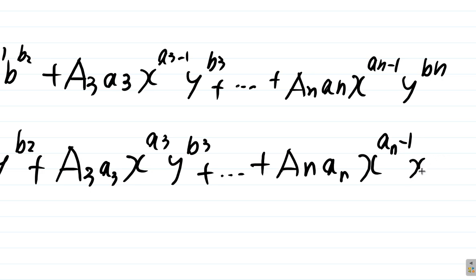When we multiply by the new x, it is x to the 1. We add the powers by the laws of indices, but negative 1 plus 1, that's 0. So that is gone. And then we have y to the bn. You see that? That's what we have.